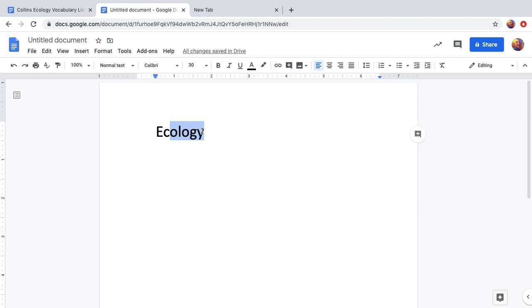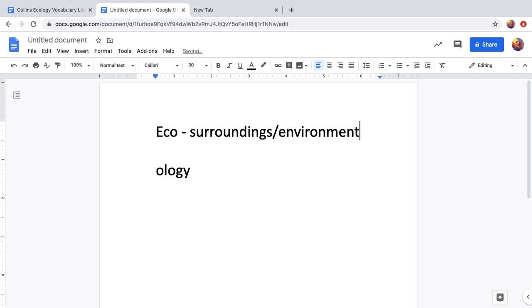So how can we break this up? So eco, the prefix eco means surroundings or environment. The suffix ology means the study of.